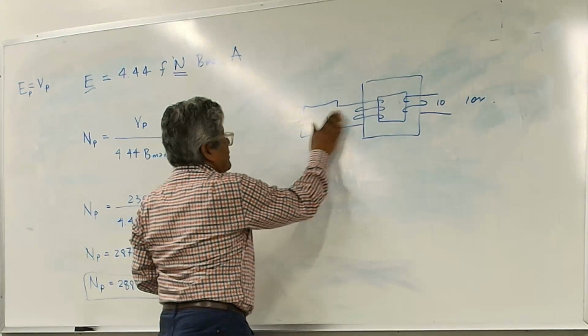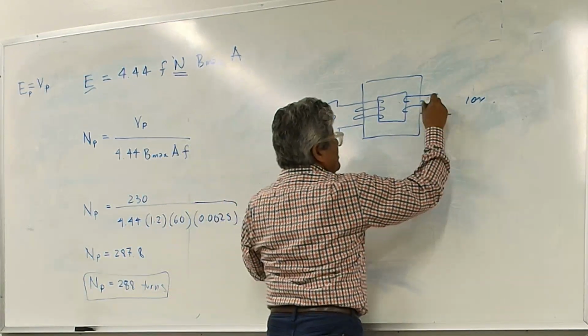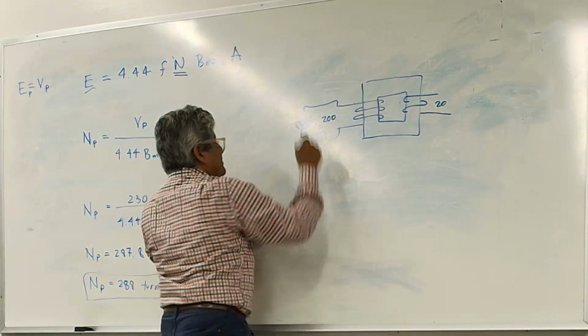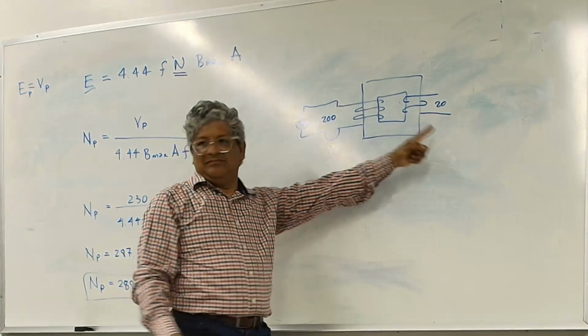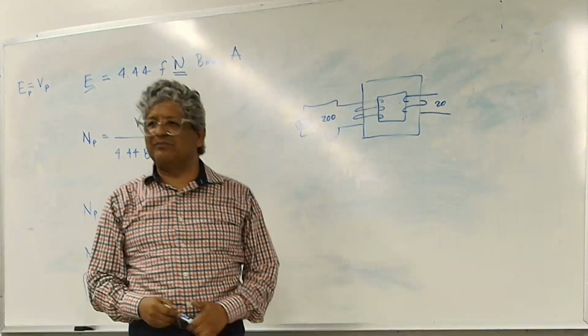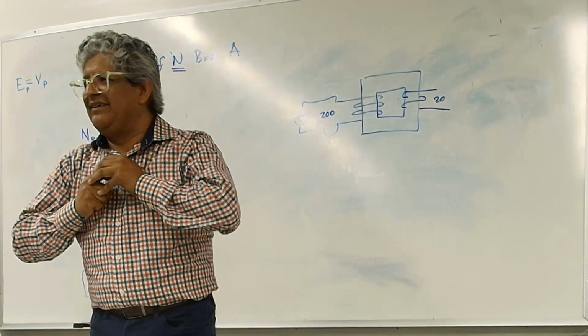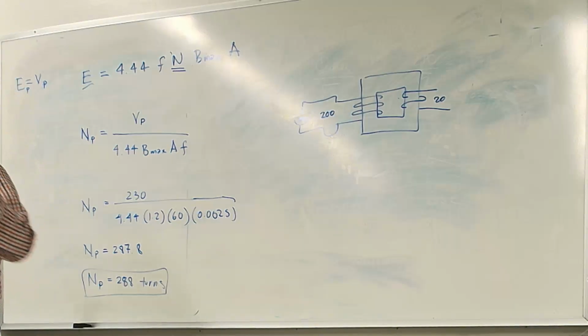If I have 200 turns right here, and 20 turns right here, and I apply 100 volts right here, then you will still get 10 volts. 10 volts, right? You follow what I'm saying? Yes. Okay, but this circuit, you can carry more power. Exactly what I'm trying to say is that because I'm increasing the amount of copper, I can deal with more power, right?